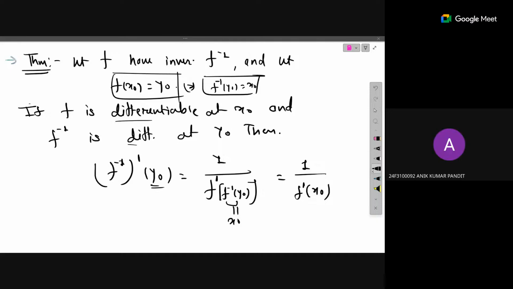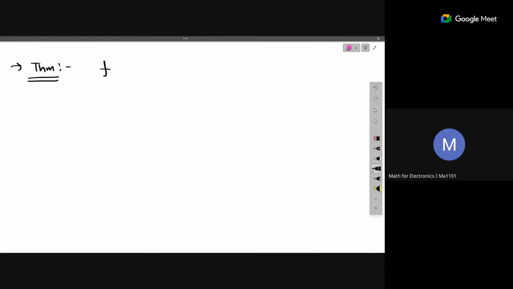Yes, ma'am. You again repeat this one. Yeah, sure. So what does this theorem say? This theorem gives us a way to calculate the derivative of an inverse function using the derivative of the particular function. So suppose you have a function f which has inverse f inverse, in such a way that both are differentiable at their respective points.